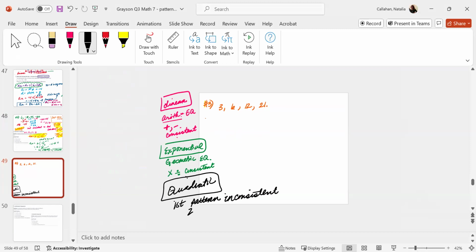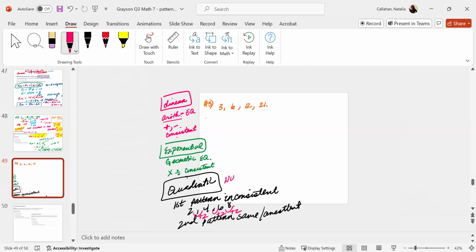Like for example, 2, 4, 6, 8. They're not consistent, right? But the second pattern is the same number, or it's consistent. Like for example here, do you see you're just adding 2? Do you see that's the second one, right? Okay. This right here is quadratic.